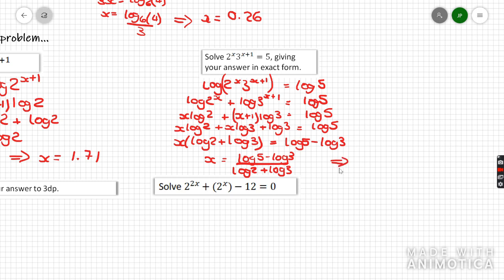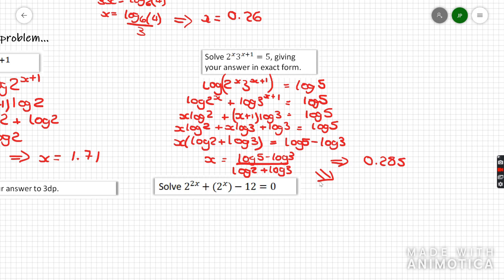Stick that in your calculator, guys, and what we should come out with is 0.285. Now, that's if we're answering as a decimal. Now, it's asked you to give it in exact form. Now, technically, logs are in exact form. Now, what I can do with this as well, depending on what I'm asked to do, is I can leave it in terms of logs, but I can actually tidy this up as well.